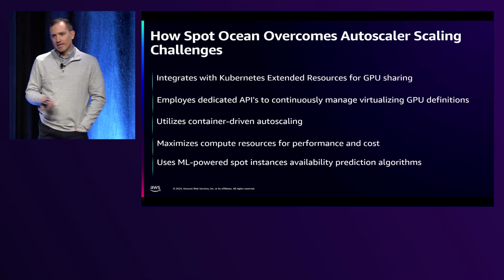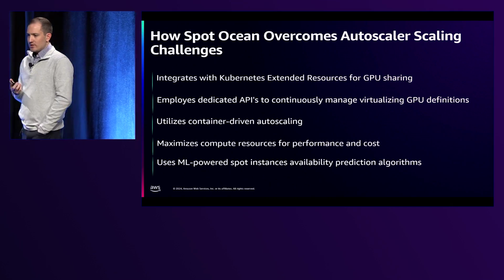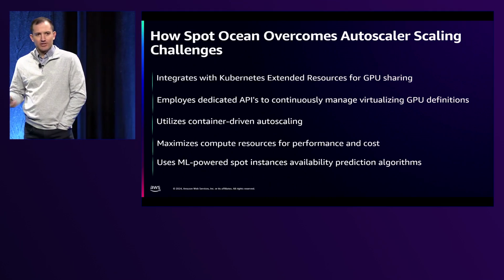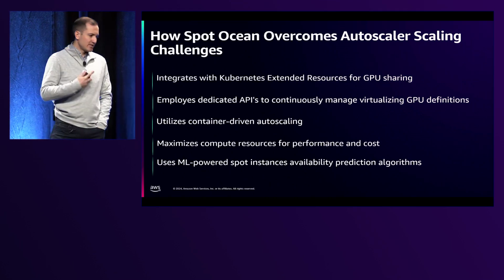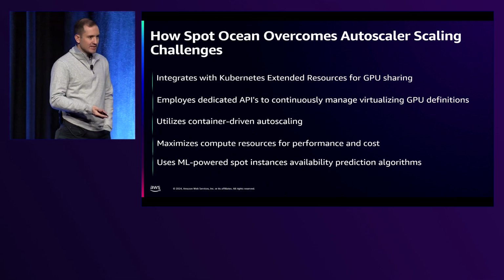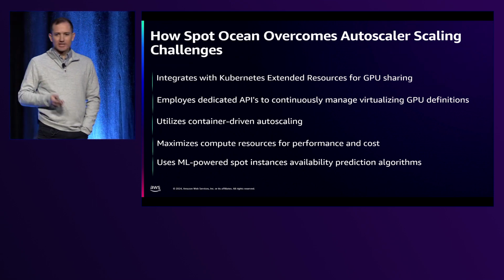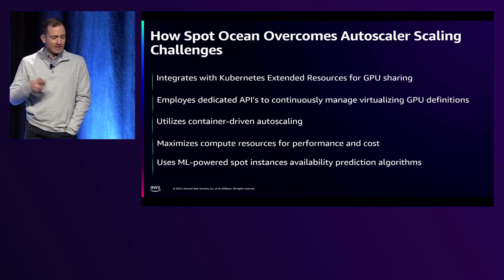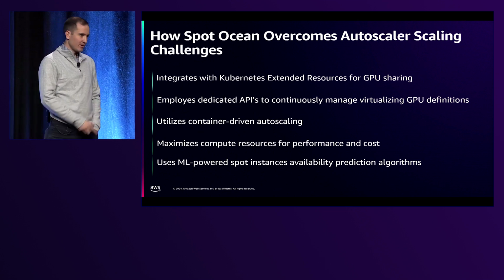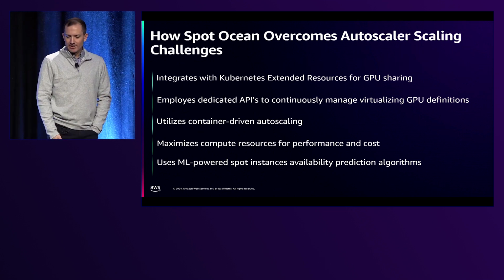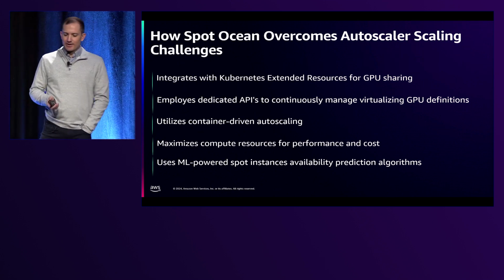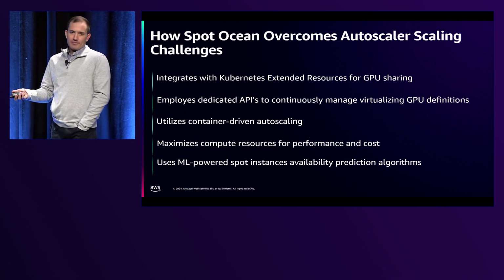In practice, you would use our dedicated APIs to come up with these definitions. You would say things like, okay, this instance type equals X amount of replicas for me, and this instance type is going to be Y amount of replicas, or Y amount of GPUs rather, and after that, you're good to go.